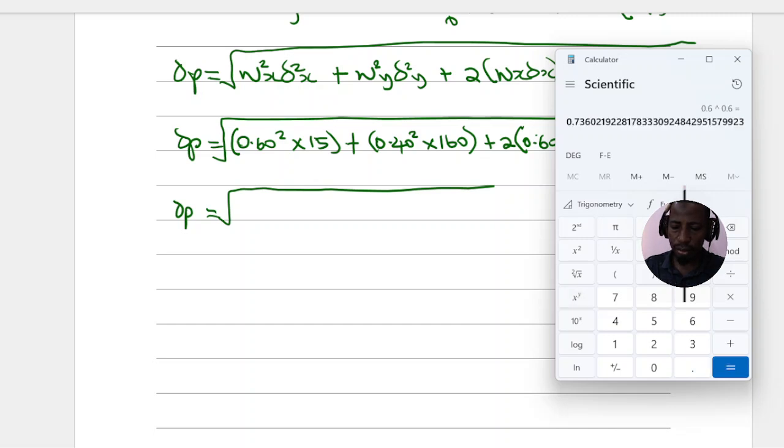equal to, multiply by 15, equal to 11.04.